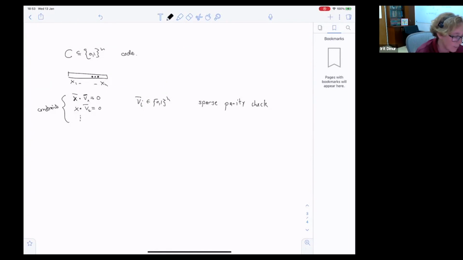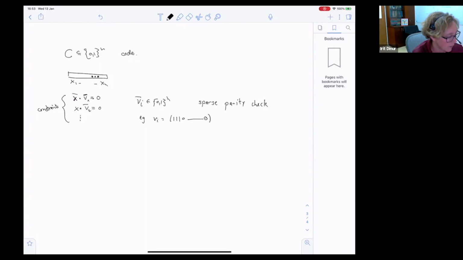And the nice thing is, because Vi is sparse, Vi can be, for example, the vector that's 1, 1, 1, and all the rest are 0. So to calculate this inner product, all you need to do is read the first 3 bits of the string x. So this is like a property testing kind of check, because you're not going to read the entire codeword, you only read the first 3 bits.